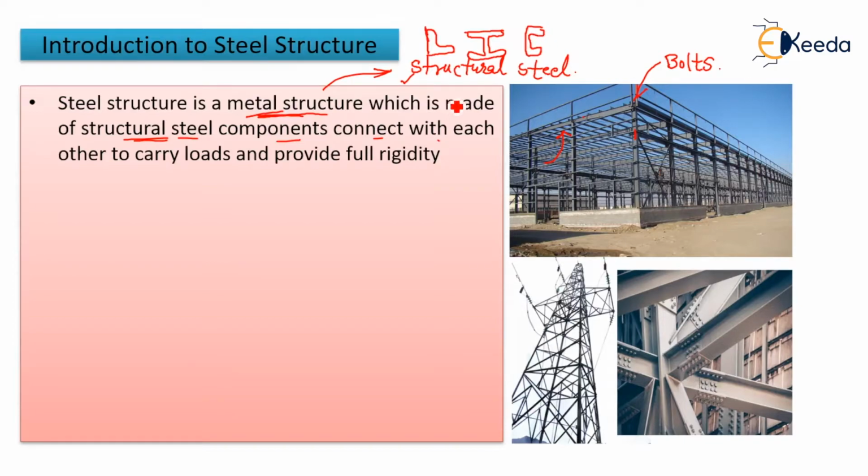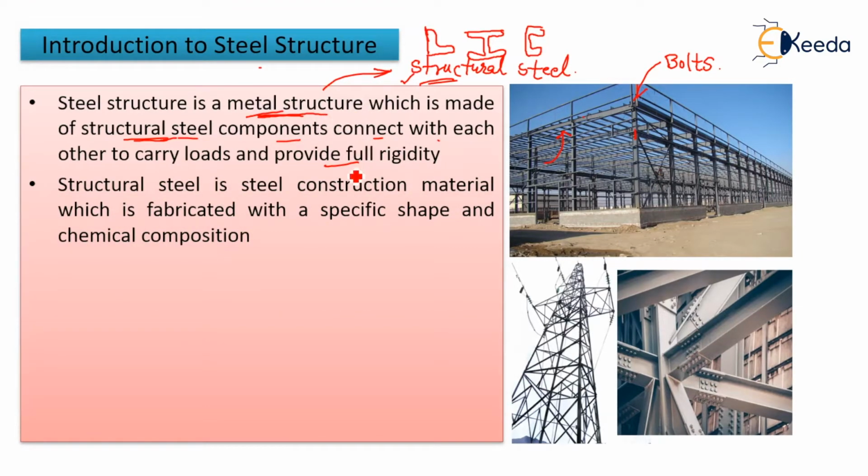So there are various sections available and they are manufactured in steel, so the quality achieved will be very good. So that is your structural steel. That structure which is constructed with the help of structural steel is known as steel structure, and it will give you full rigidity and load will be transferred easily.